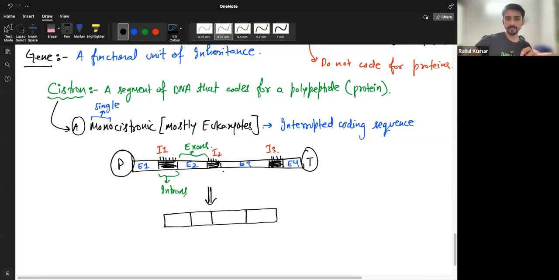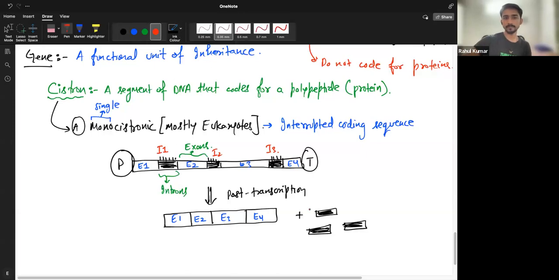But after transcription, all the exons, exon 1, exon 2, exon 3, exon 4, will be stitched together, and all the introns will be removed. It will be cut and removed.